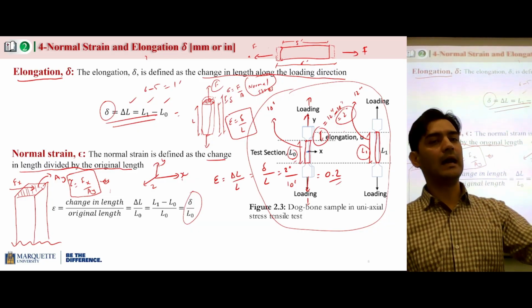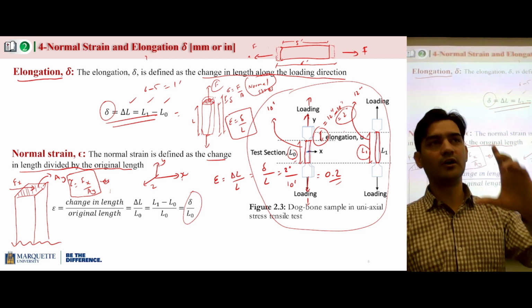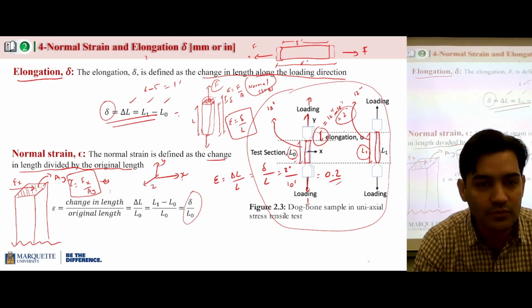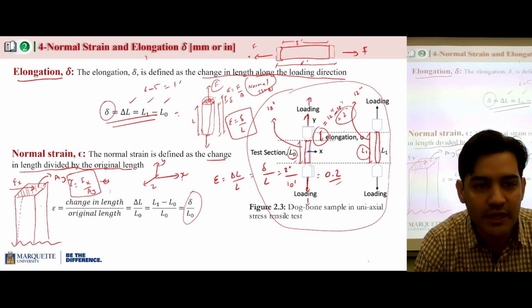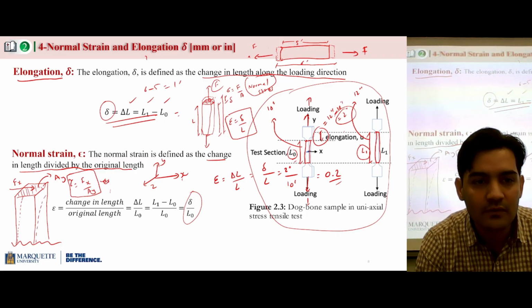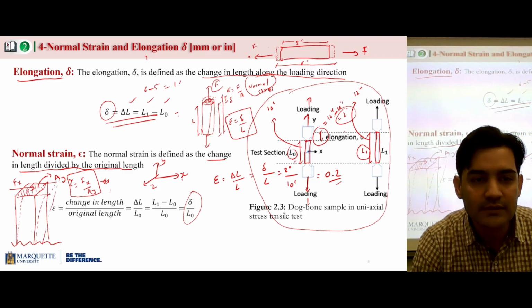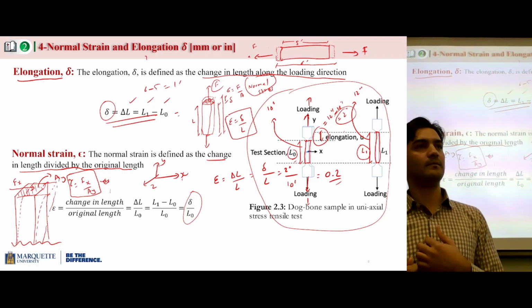And you can imagine how it will change the shape. It will not compress or stretch the element, but what this force will do is that it's going to kind of change the shape of the member. So that's what's going to happen.